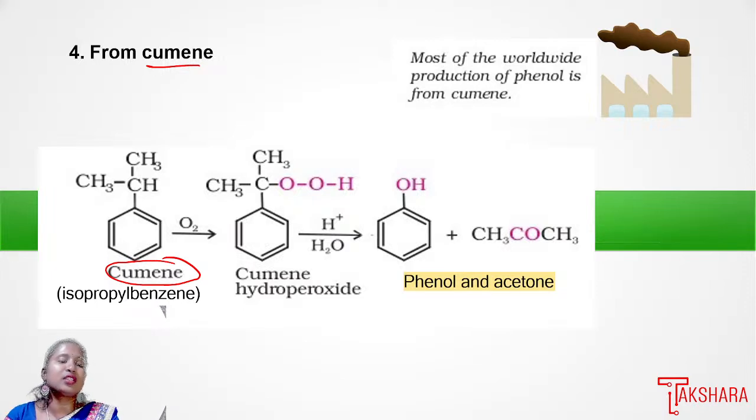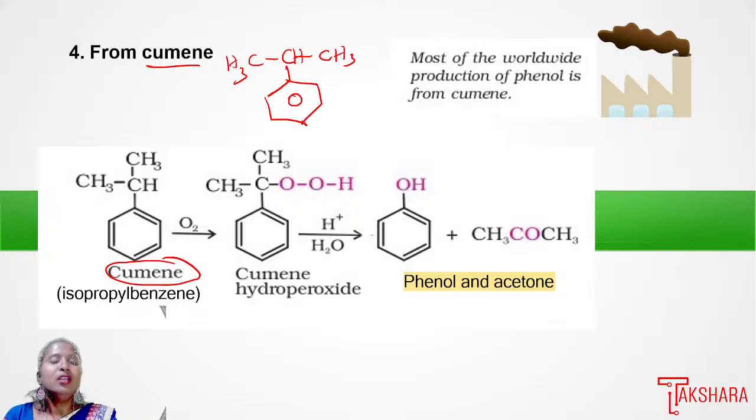So what is the structure of cumene? We need to write three carbon atoms, and all three carbon atoms are satisfied with hydrogen atoms, but one hydrogen atom is linked to the benzene ring. So we call this cumene. But one CH3 group should be present on the iso side, I mean the branching side.